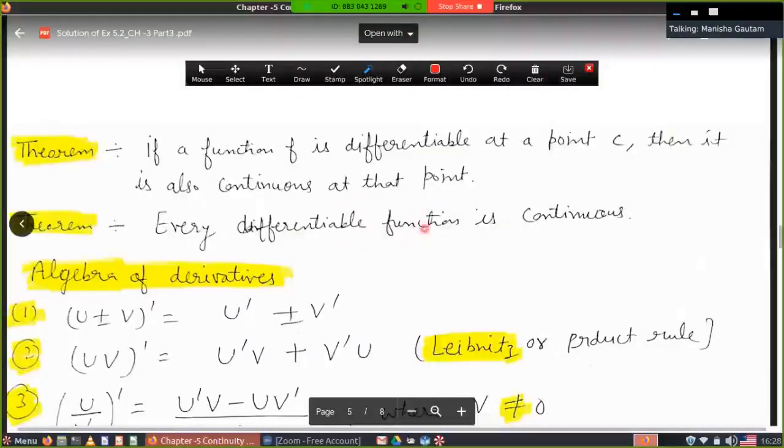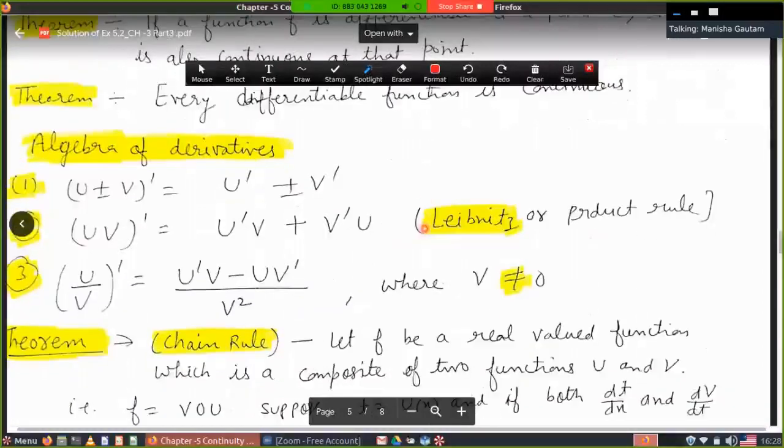It is a theorem. Now, algebra of derivatives, which you have studied in class 11th. If two functions are added or subtracted and you have to find the derivative, it means the first function's derivative plus or minus the second function's derivative. If you want to find the derivative of a product, it is the first function's derivative times the second as it is, plus the second function's derivative times the first as it is.